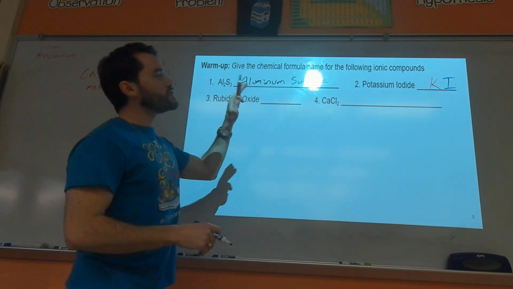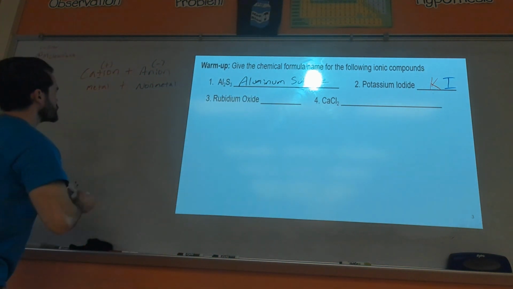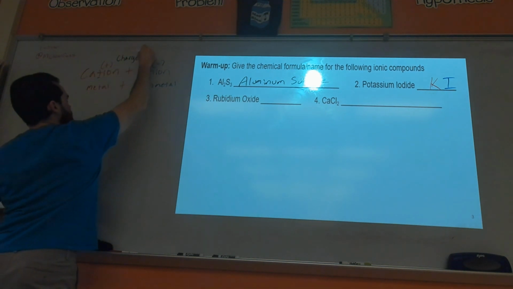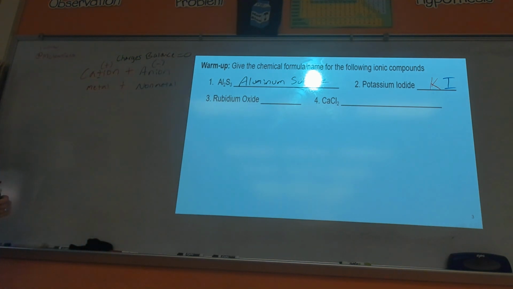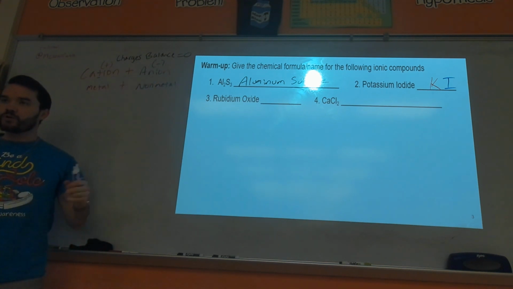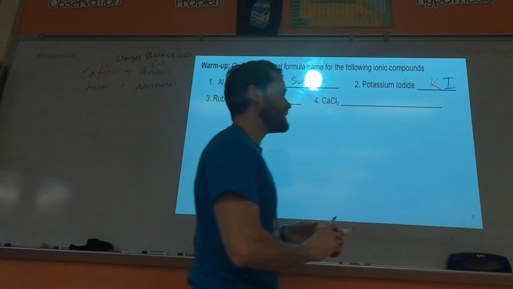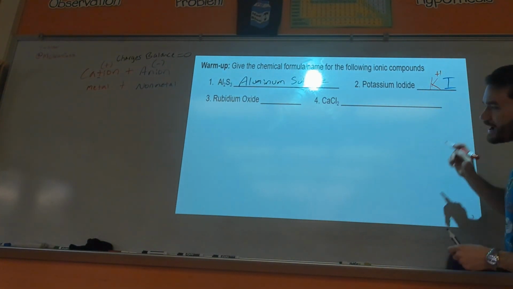Now, whenever you write the chemical formulas, you have to remember that the charges must balance. So charges balance. What I mean by that is the charges have to equal 0. The charge on the cation and the charge on the anion have to add up to 0. So the reason why it is 1 K and 1 I is because each K forms a +1 cation.